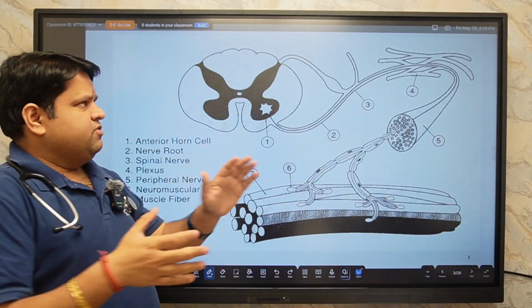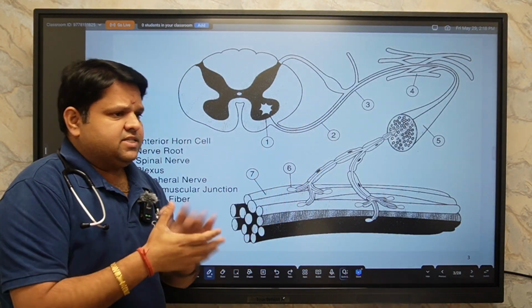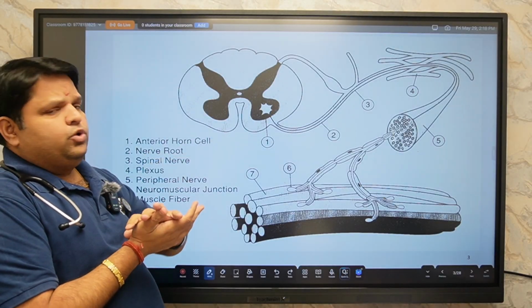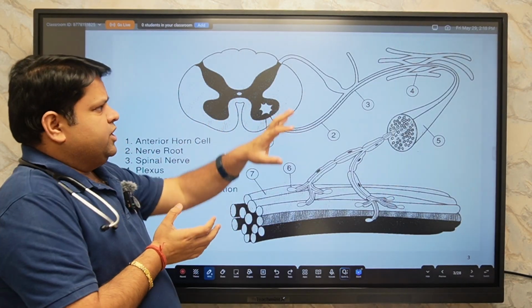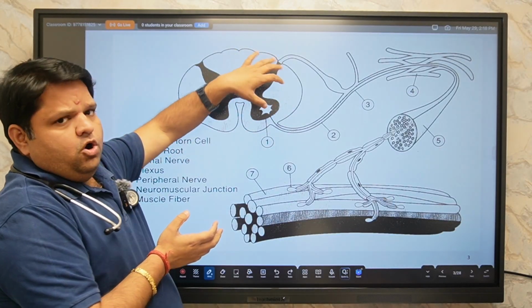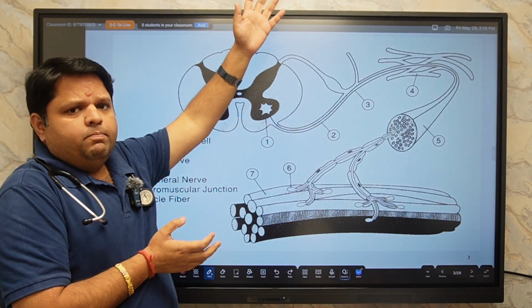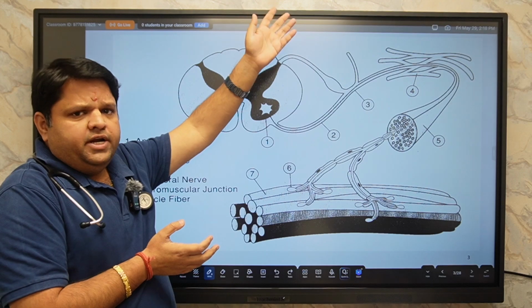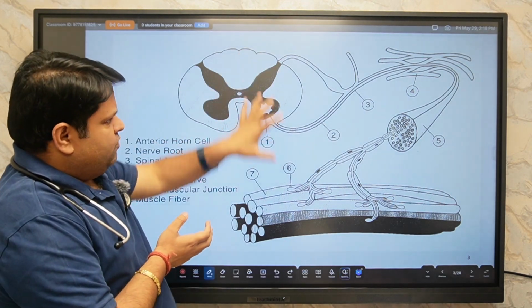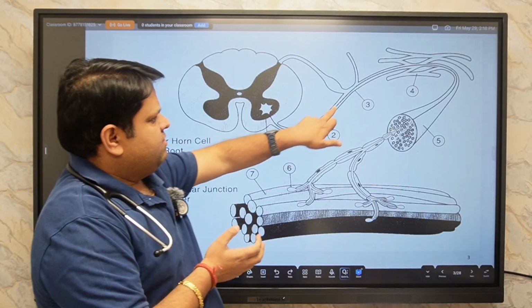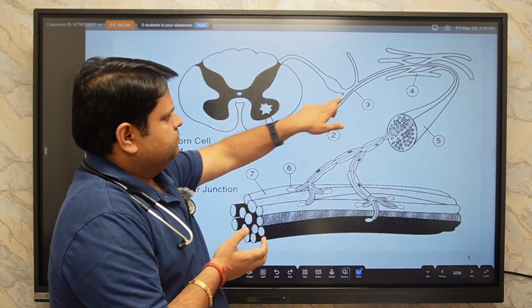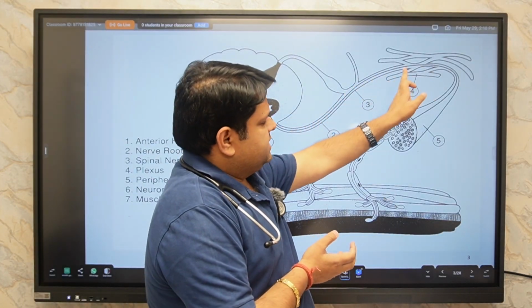As we discussed in various lectures, we have two types of lesions: upper motor neuron lesion and lower motor neuron lesion. Upper motor neurons are the spinal cord and above the spinal cord: brain stem, internal capsule, corona radiata and the cortex. In lower motor neuron, we have the anterior horn cell, the roots, then the plexus.